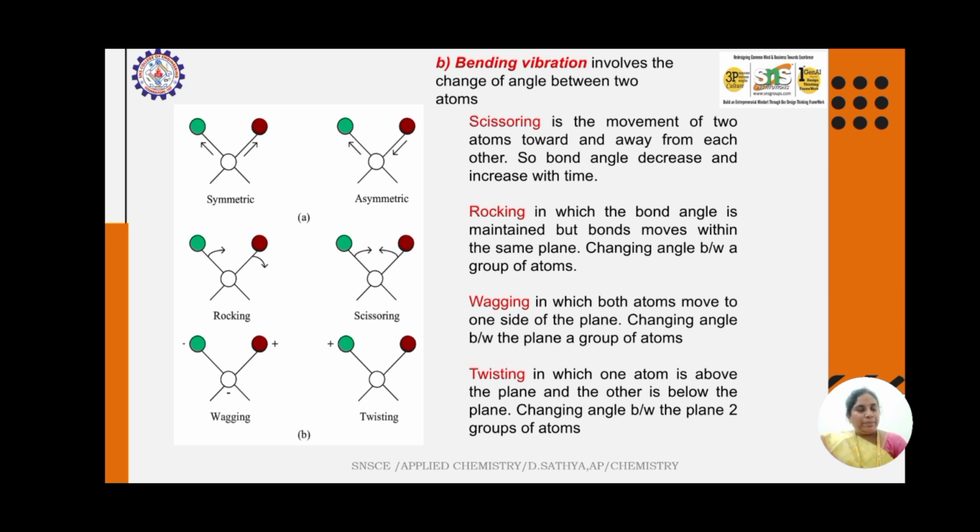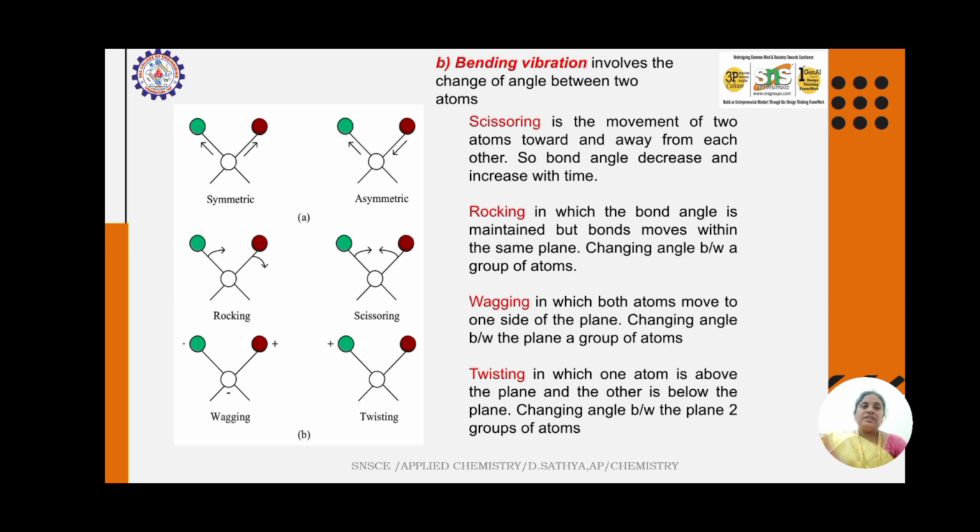Bending vibration involves a change in the angle between two atoms. Four types of bending vibration are possible: scissoring, rocking, wagging, and twisting. In scissoring, two atoms move toward and away from each other like scissors, so the bond angle decreases and increases with time. In rocking, the bond angle is maintained but the group moves within the same plane, changing the angle between the two groups of atoms.